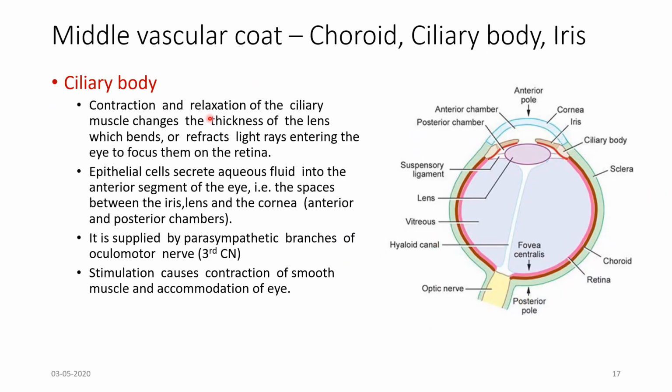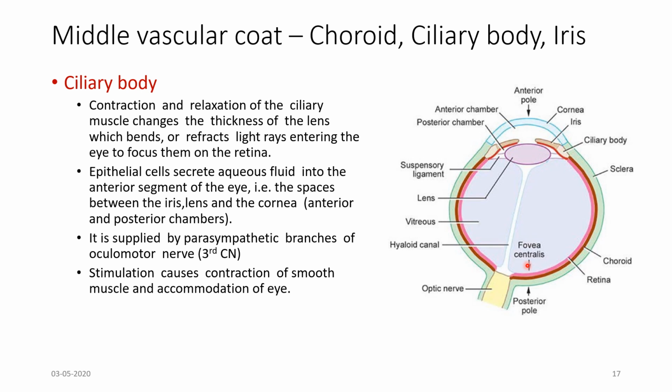The contraction and relaxation of the ciliary muscles change the thickness of the lens, which will bend or refract the light rays entering the eye to focus them on the retina.